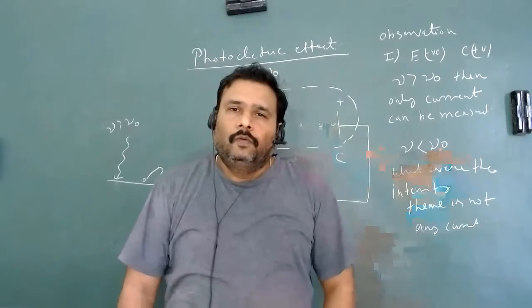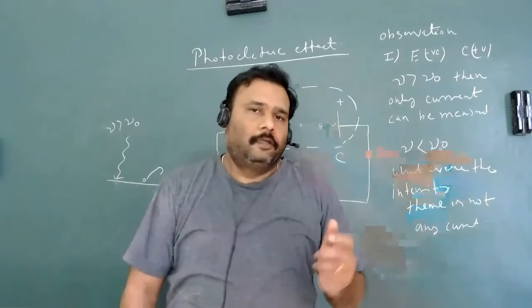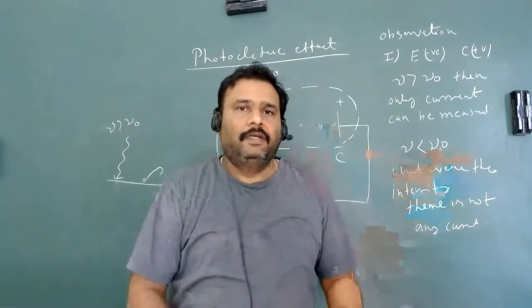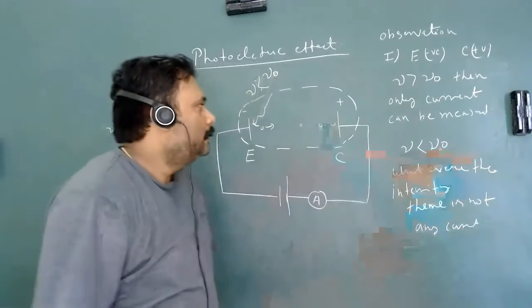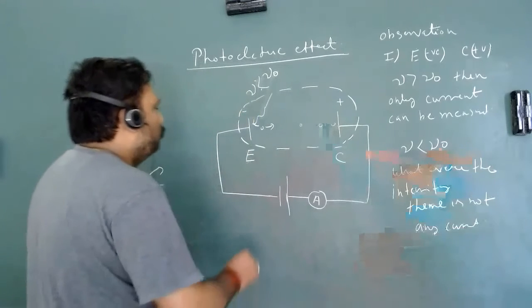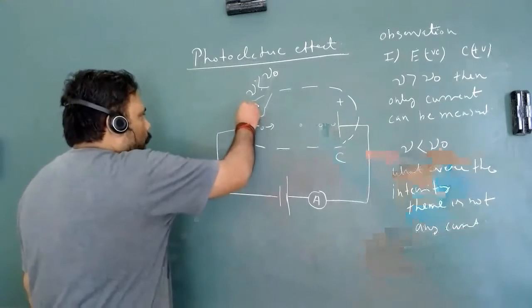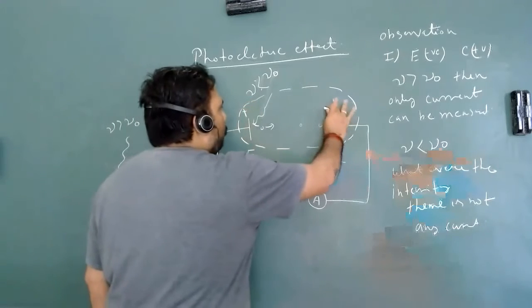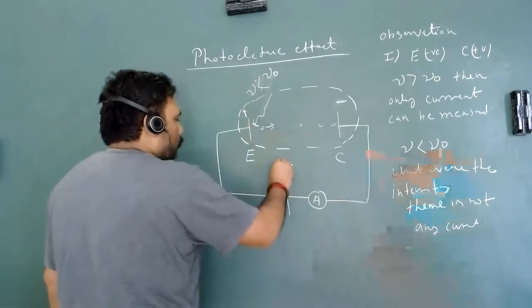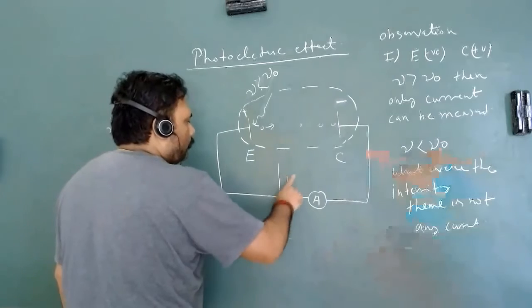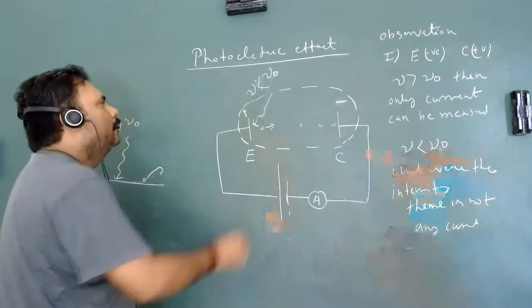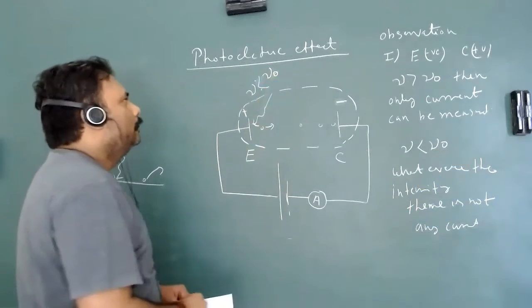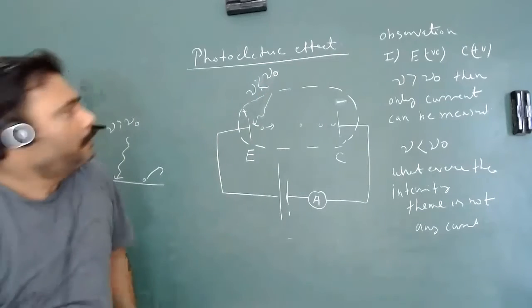Now let's go for the second observation, and it is very interesting. For the second observation, we will make the collector negative polarity and the emitter positive. And now we have taken the frequency always greater than nu naught.